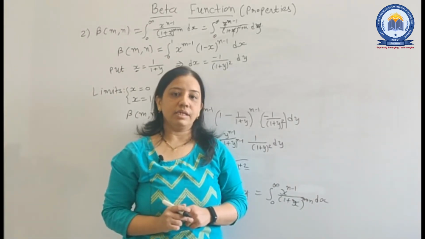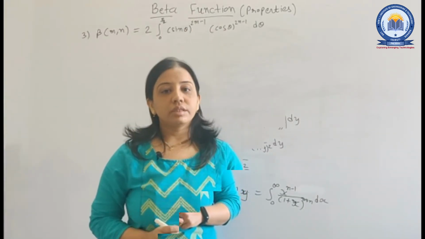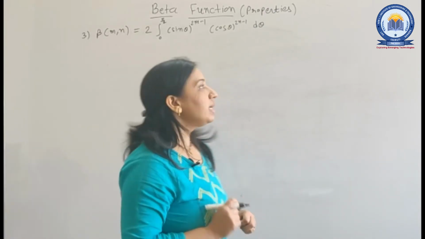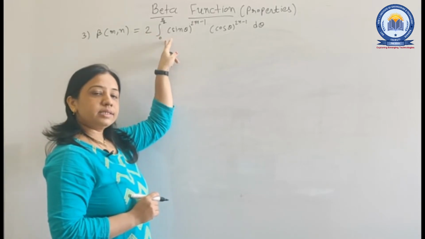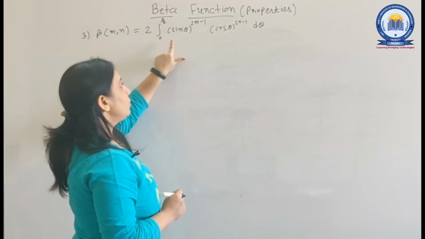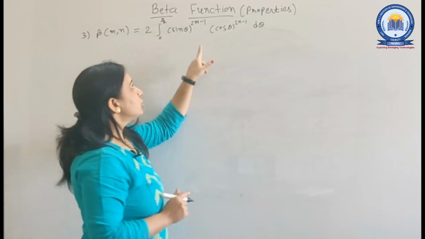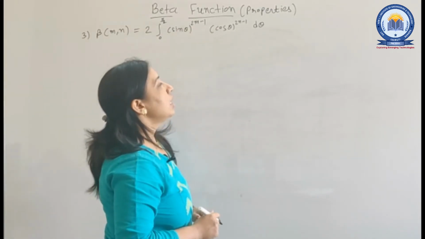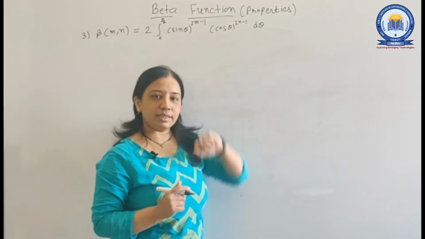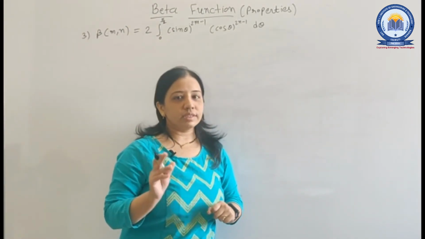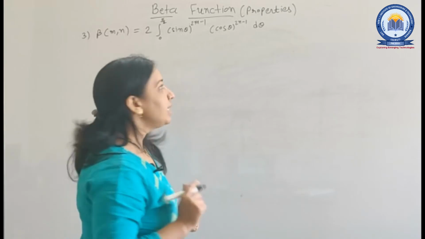Now we'll see the third property. Third property is beta mn equal to 2 times the integral from 0 to pi by 2 of sine theta raised to 2m minus 1 cos theta raised to 2n minus 1 d theta. So in this also we'll start with the definition of beta function.